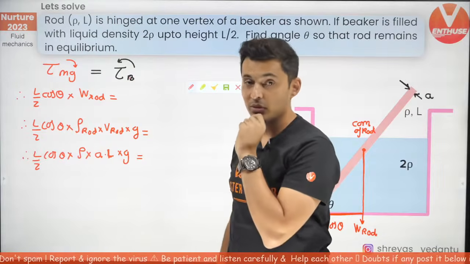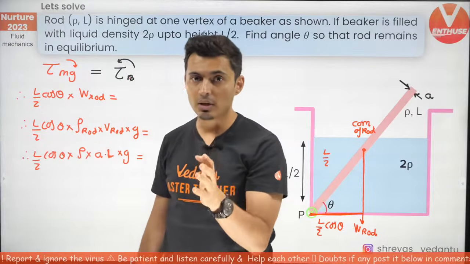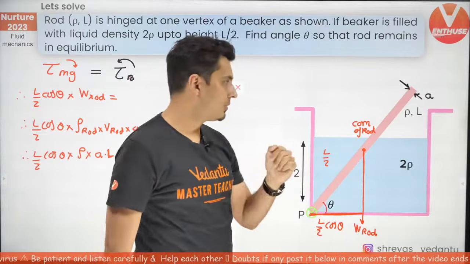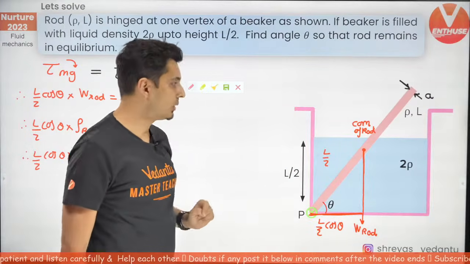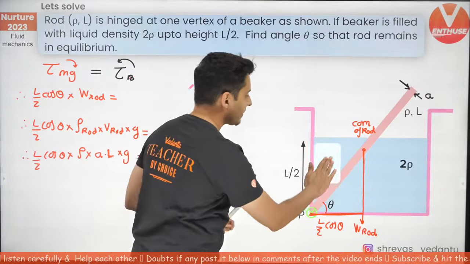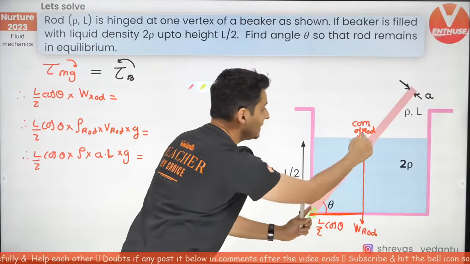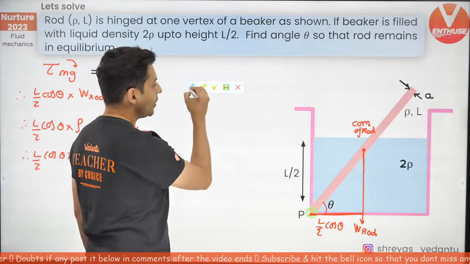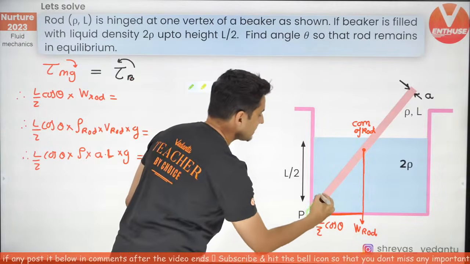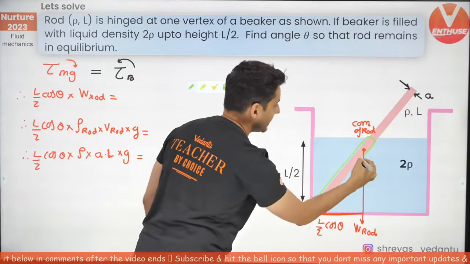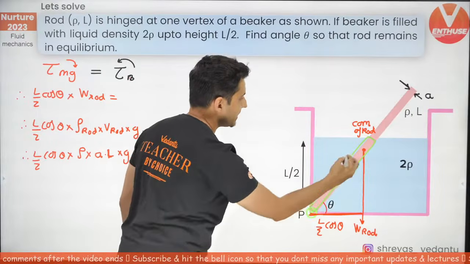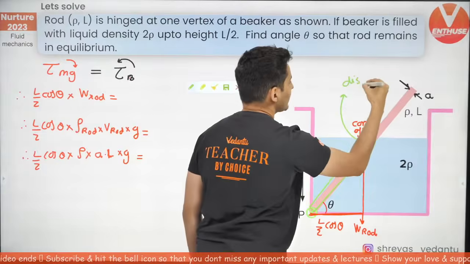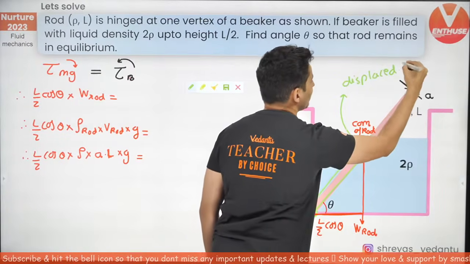Now, what is the buoyant force? The torque will again be perpendicular into buoyant force. What is the buoyant force? What is the distance? Let's talk about it. First of all, the buoyant force will act from the center of the displaced fluid. Observe this carefully. This much part is the displaced fluid.